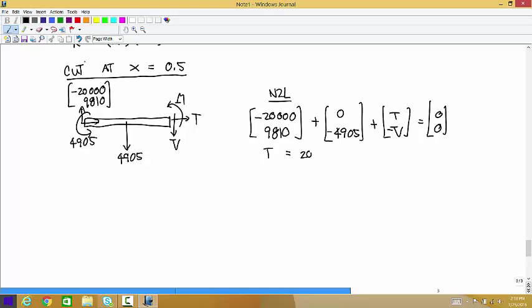So T is equal to positive 20,000. V is equal to positive 4905.